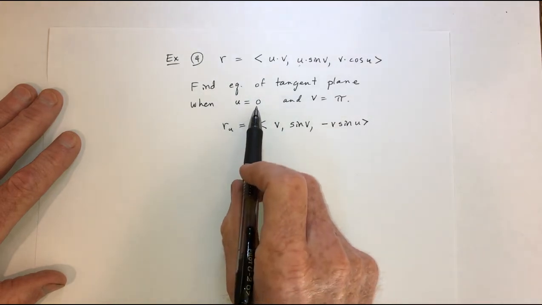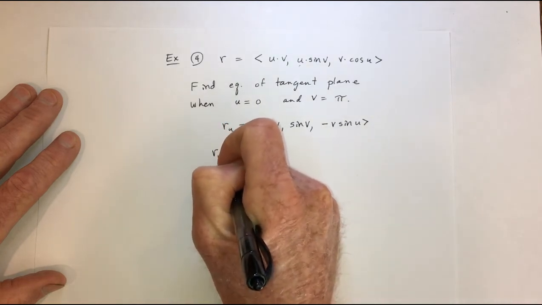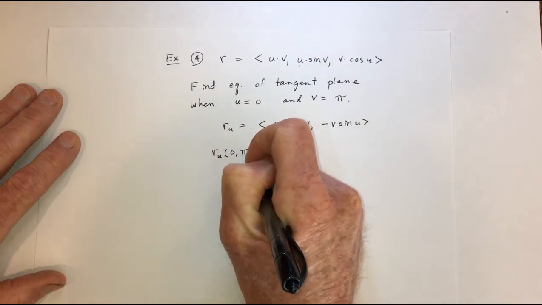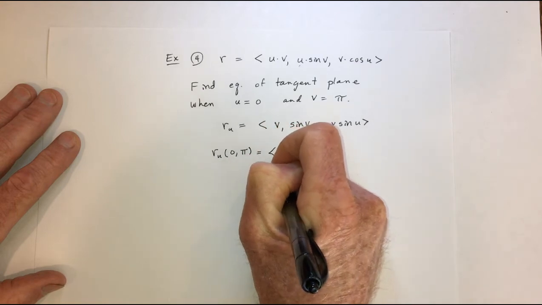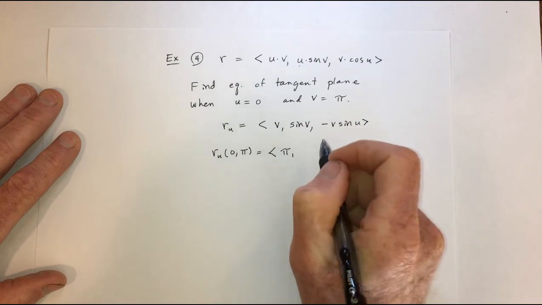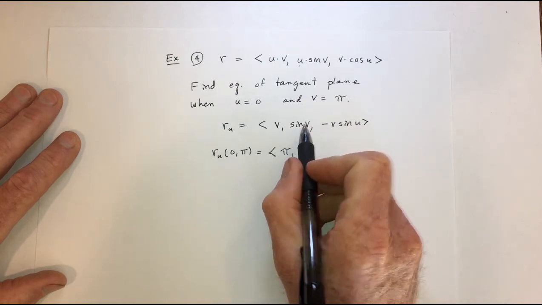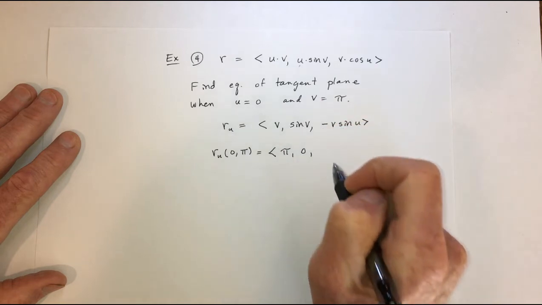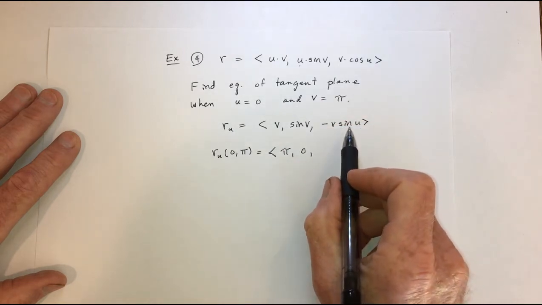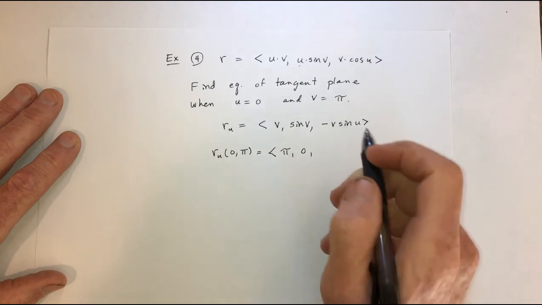And then we should plug in the 0 and pi. So the derivative with respect to u with 0 and pi substituted in is going to be, so the v is the pi, so this is pi. This would be sine of pi, and sine of pi is 0. And then this one would be sine of 0, and sine of 0 is 0.